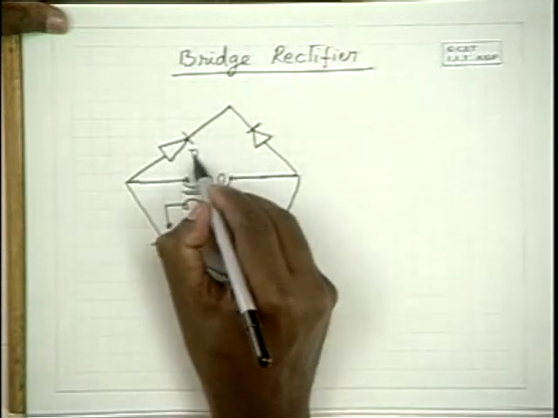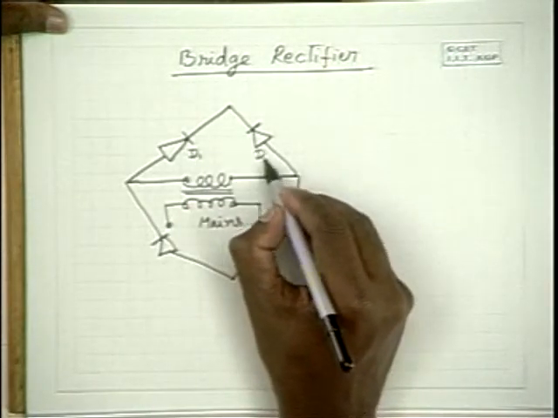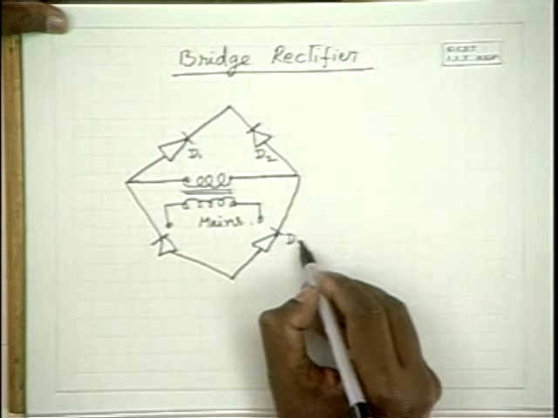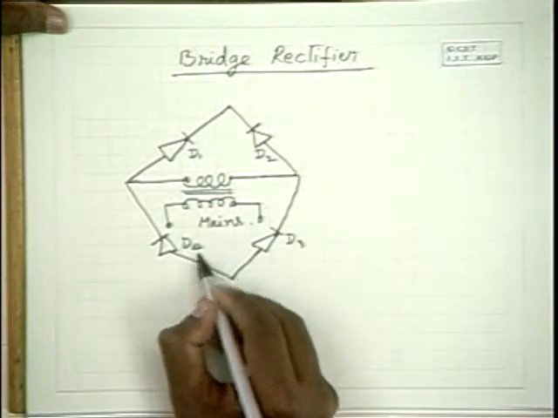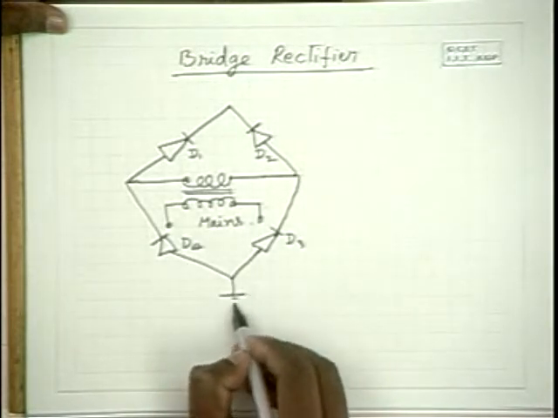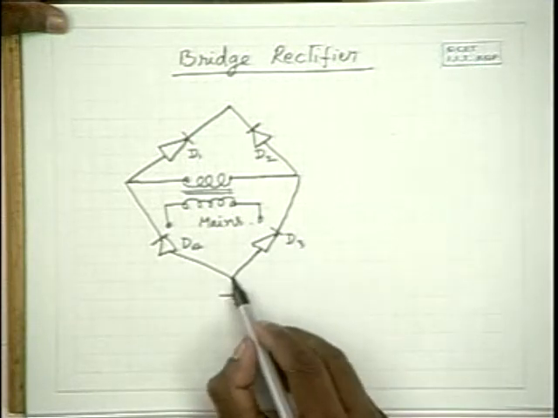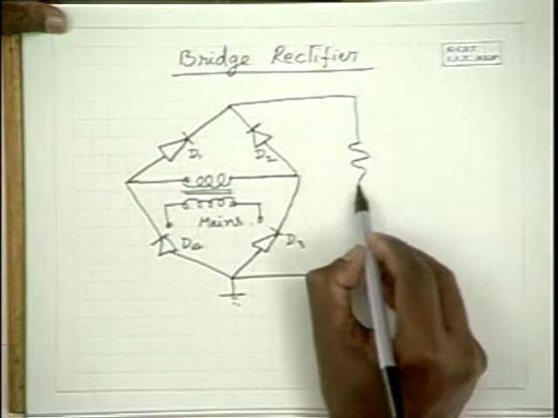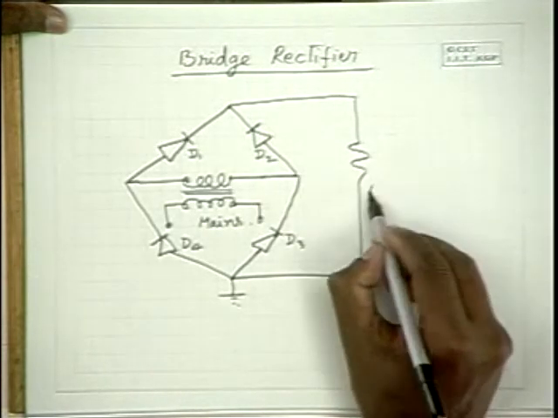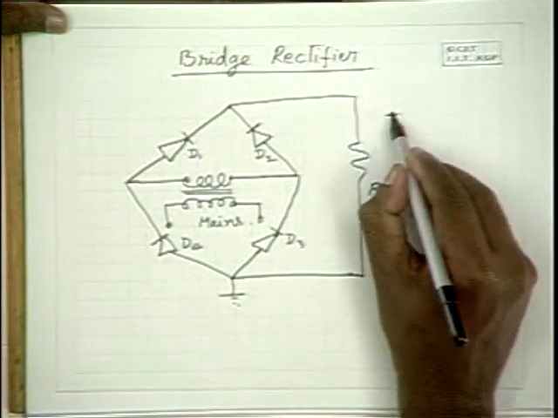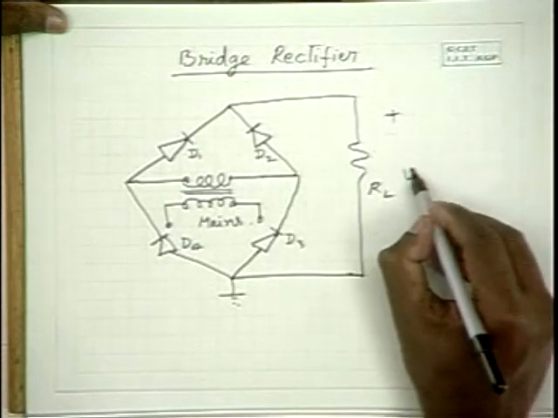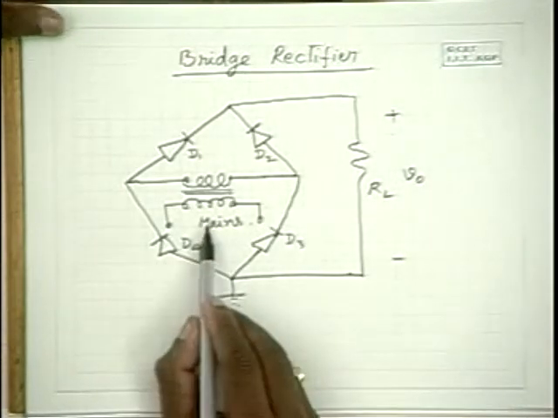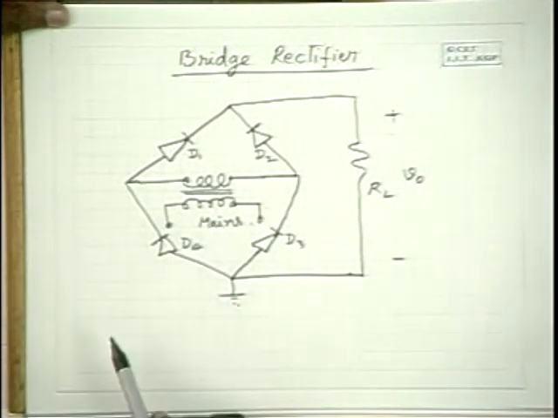So designating this diode as D1, this is D2, D3, and then D4, and treating this point as the ground point, we connect the load across this. So this is the output voltage, and we apply the mains here.